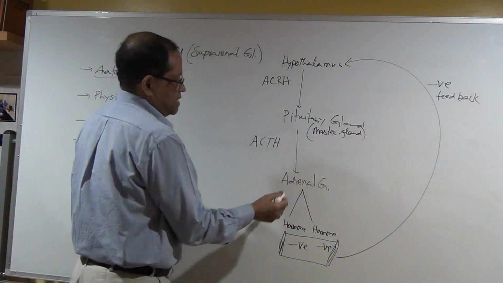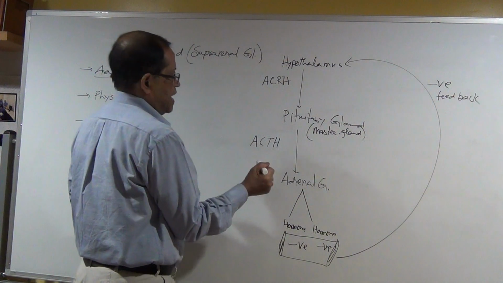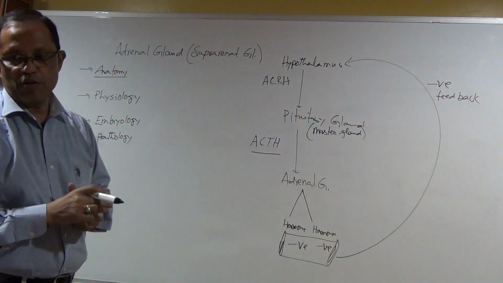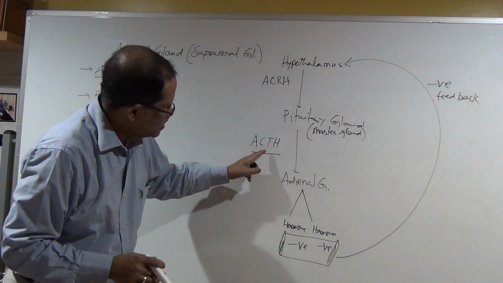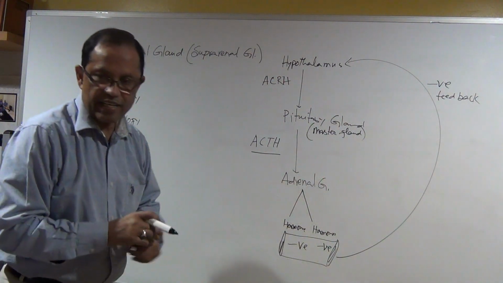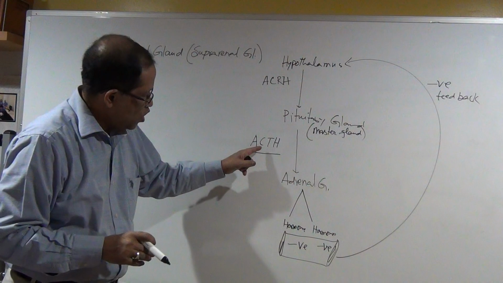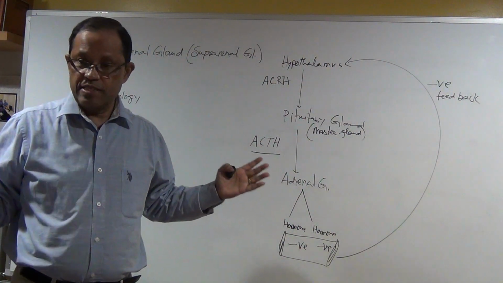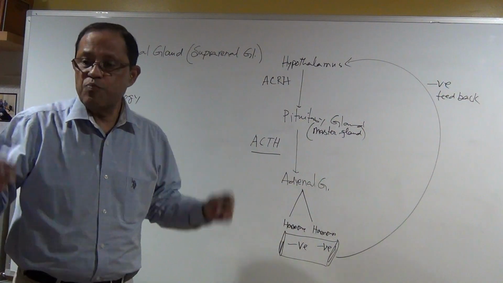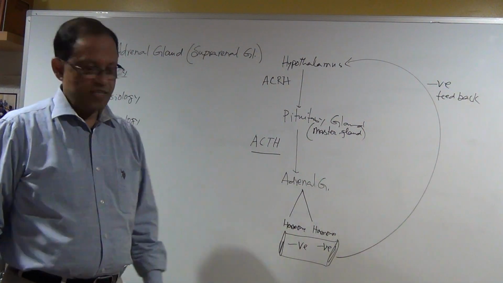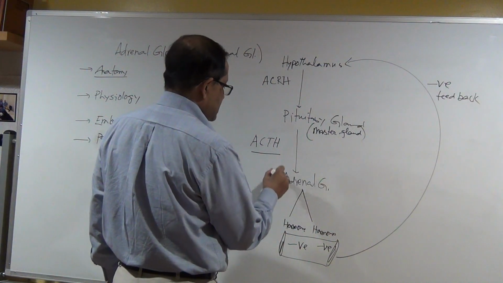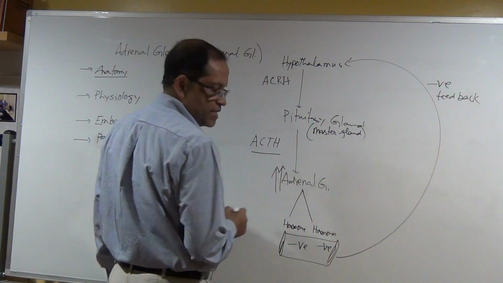Hey, pituitary gland, send the signal to the adrenal gland by secreting adrenocorticotrophic hormone, because this hormone's receptor is present in the adrenal gland. When this hormone comes to the adrenal gland, it says, oh, this is a signal to produce more activity. So the adrenal gland will be excited.